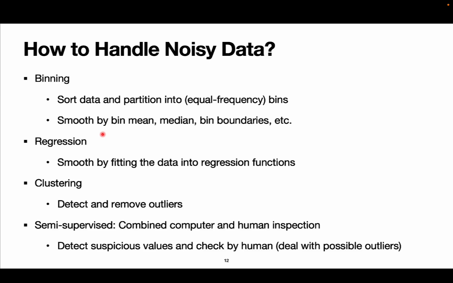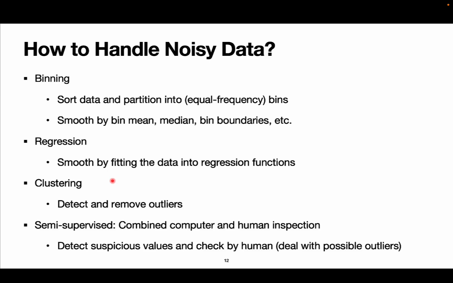There are several methods to deal with noisy data. Binning is a statistical method where the data is sorted and partitioned into bins. Then we use the value of a statistical measure like the mean or the median to smooth the values in each bin. Regression is a linear method where the data is fitted into a regression function. Then we use this regression function to do a prediction of those values.